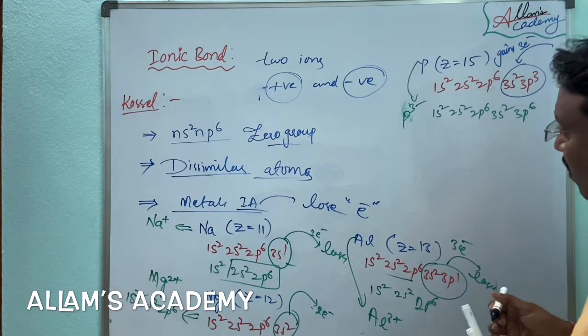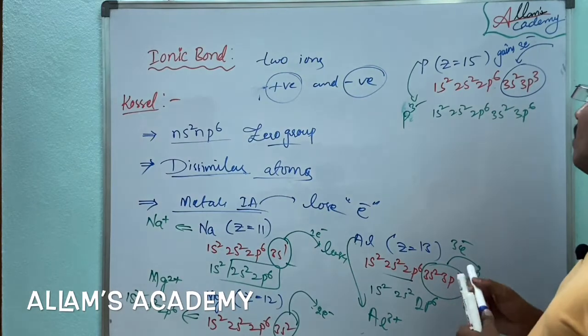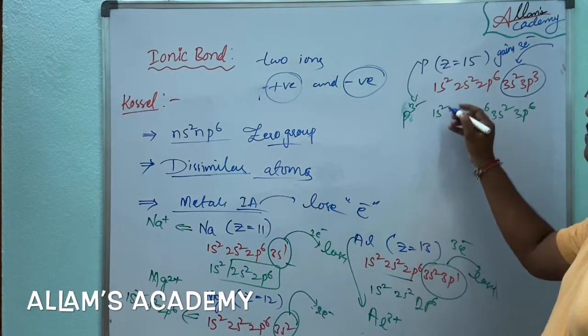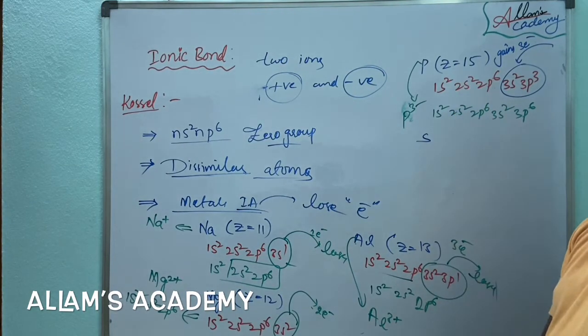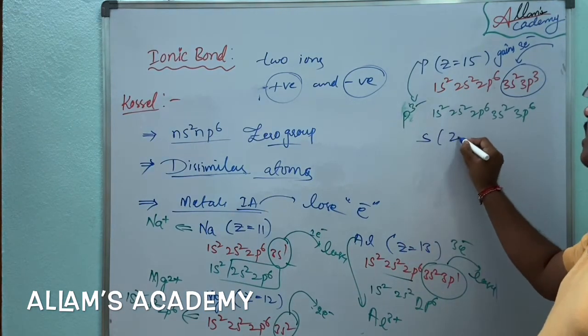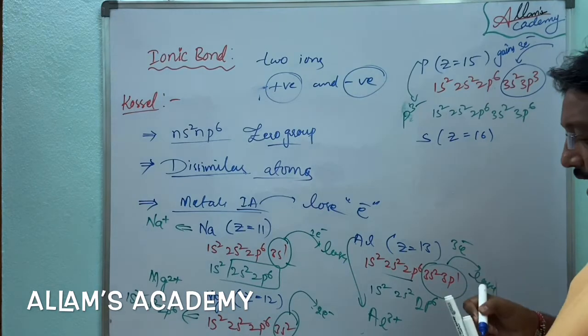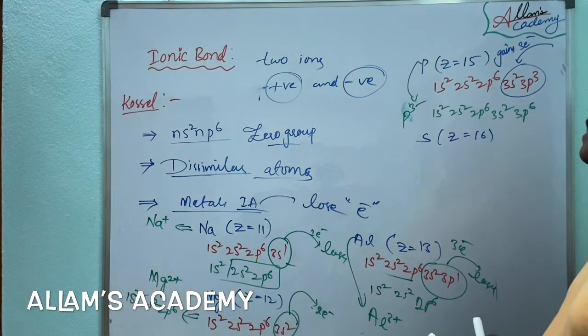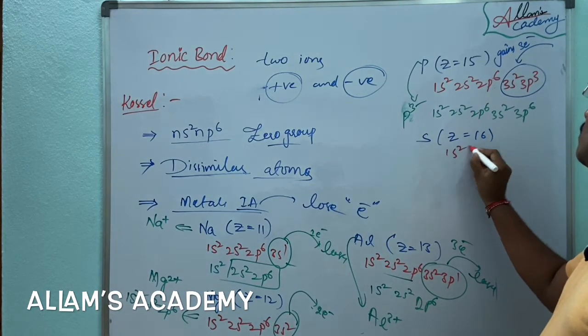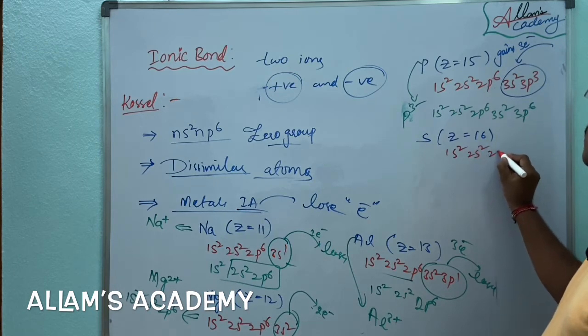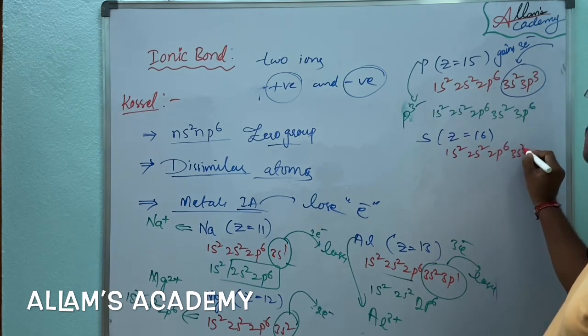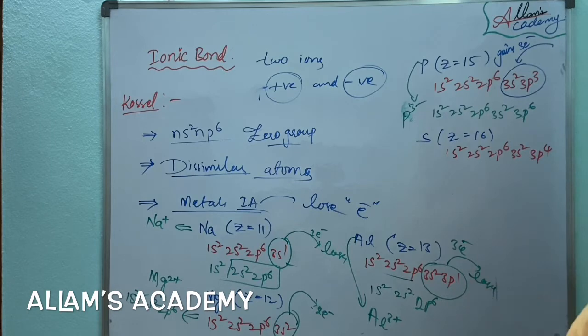Okay, right. Then next, sulfur. Its atomic number is 16. Its electronic configuration is written as 1s2 2s2 2p6 3s2 3p4.